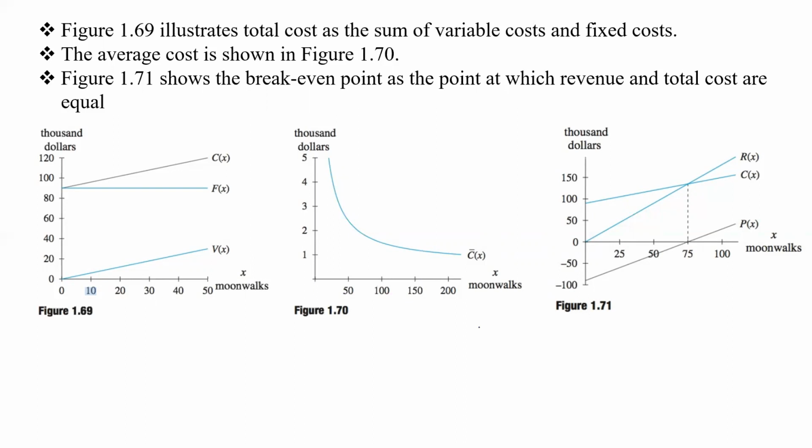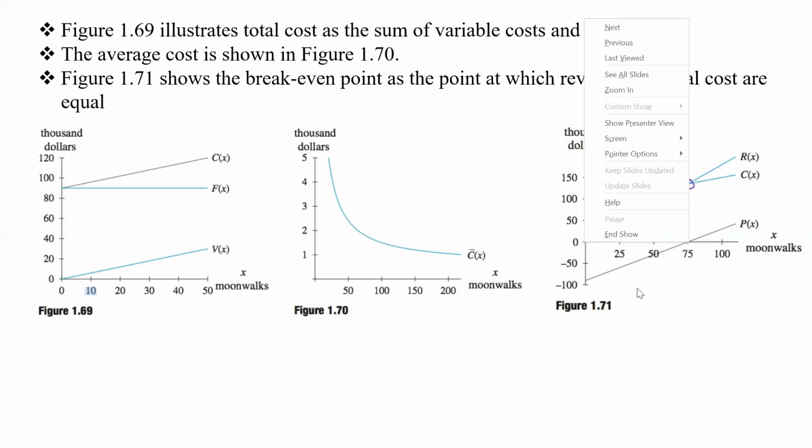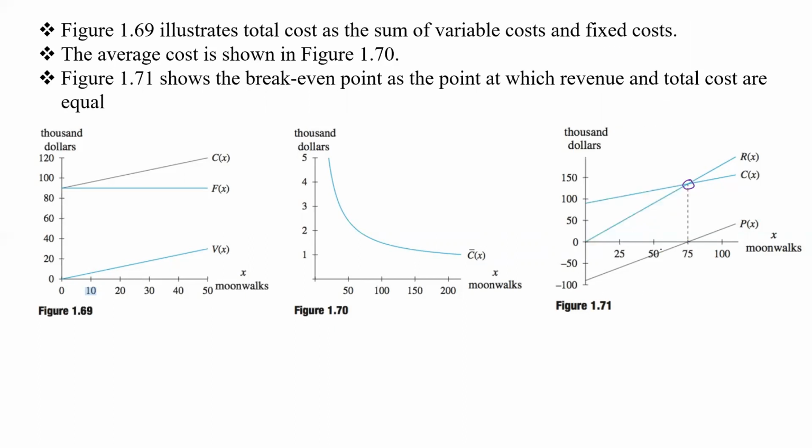And then we have our figure 1.71. These show the break-even points as the point where the revenue and the total cost are equal. So our total cost goes this way, our revenue is going up like this, and where they cross, that's where they're equal, and that's where we got that 75 here. And then this is our profit, our P of x, and so that's going up, and that's where we hit 0.